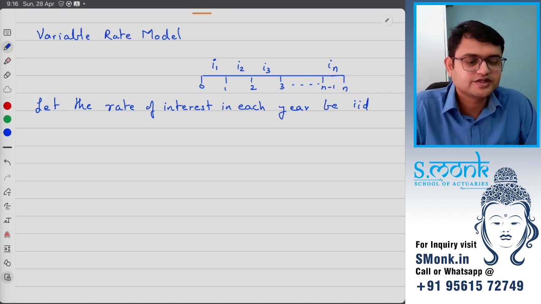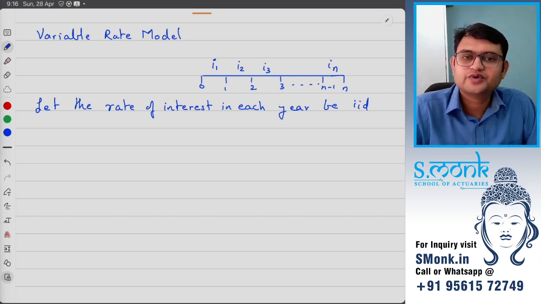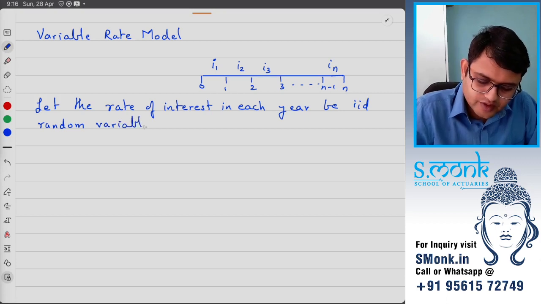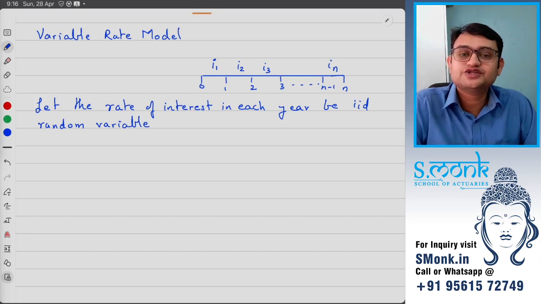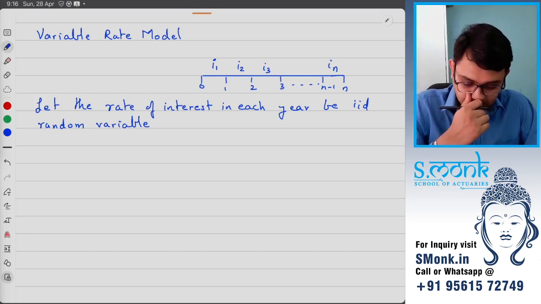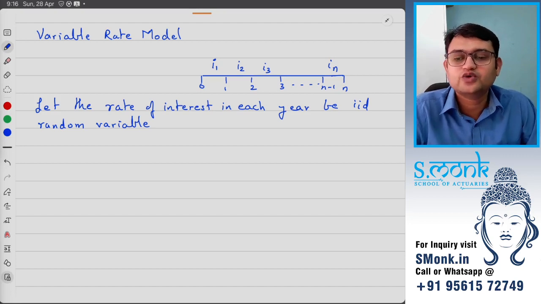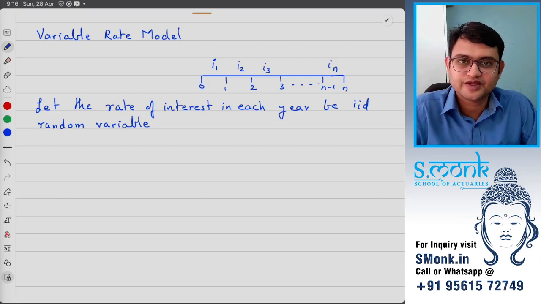IID is nothing but independent and identically distributed random variable. So we are saying that the rate of interest for each year is different and unknown, but they are independent and identically distributed random variables.